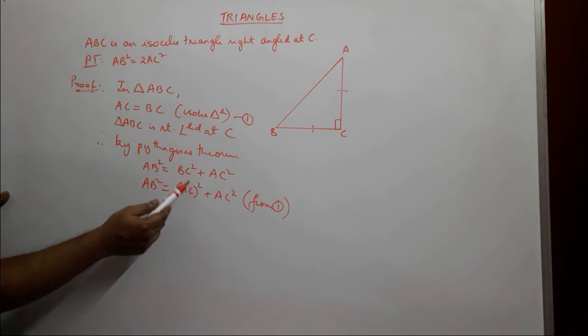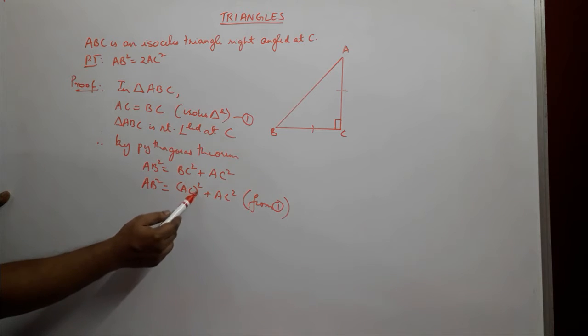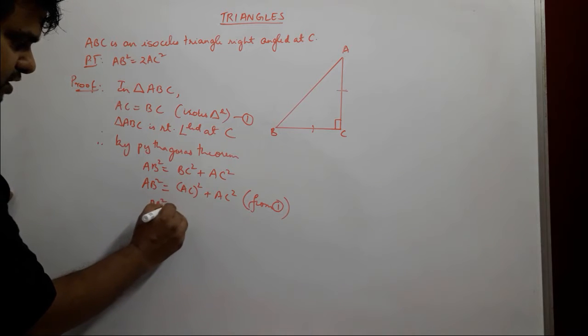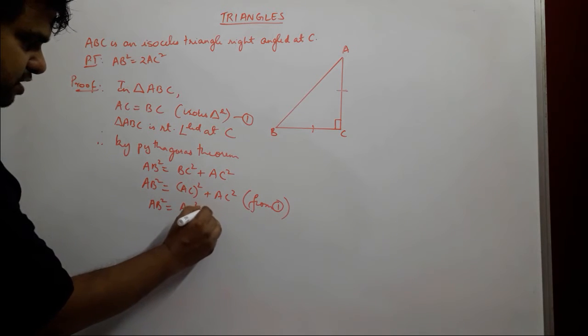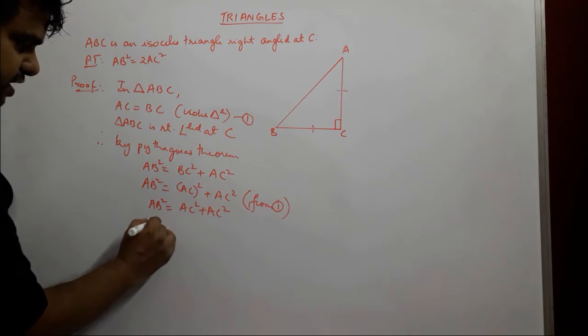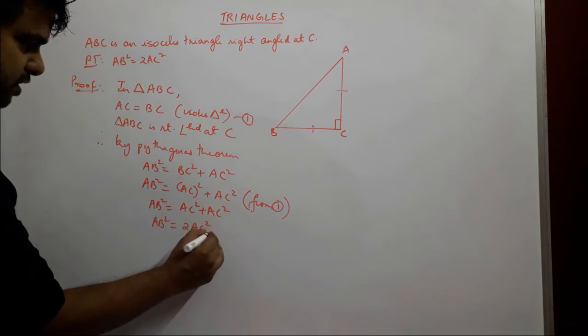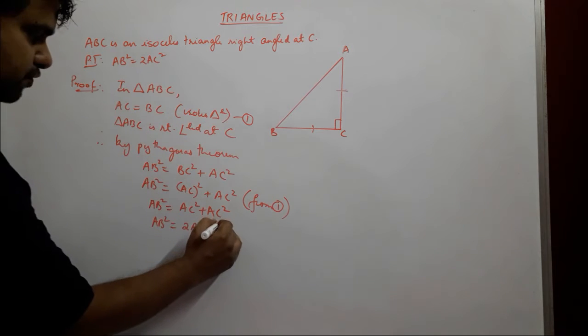So instead of BC I have substituted AC, and it is AC whole square because this was BC square. So AB square is equal to AC square plus AC square, and then AB square is equal to 2 times AC square. Hence proved.